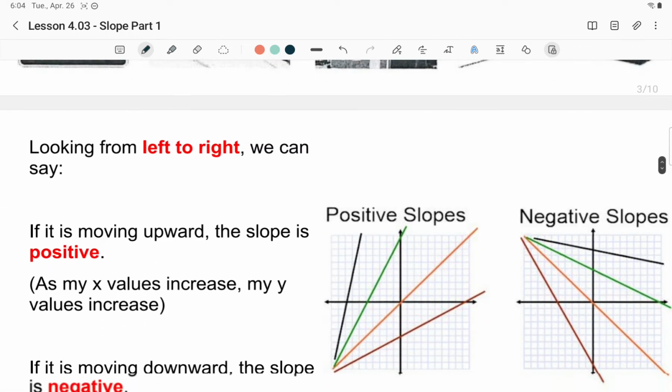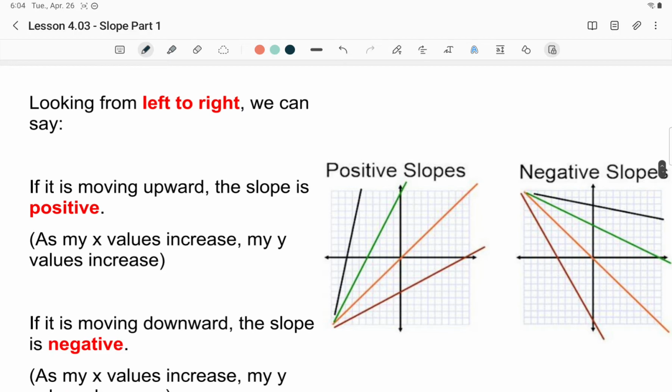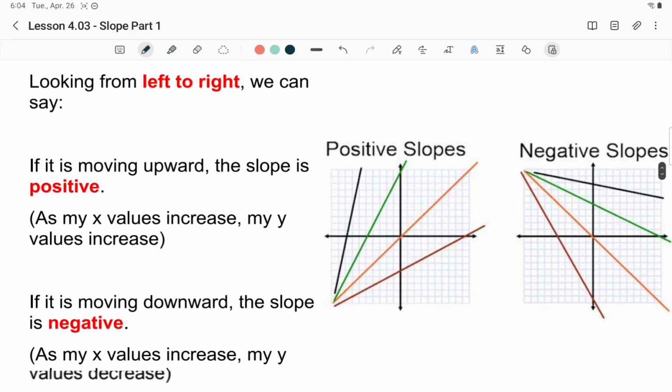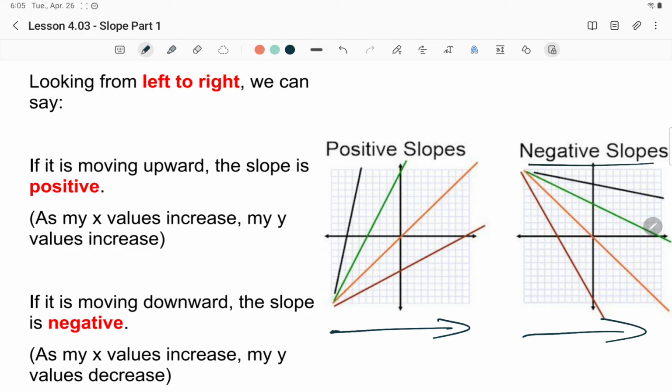So when we're talking about slopes, if we're looking at a graph, when we look at the graph from left to right, that direction as the arrow is pointing, then if it's going upwards, we say the slope is positive, as in these diagrams here. And if it's going downwards from left to right, we say it's negative.